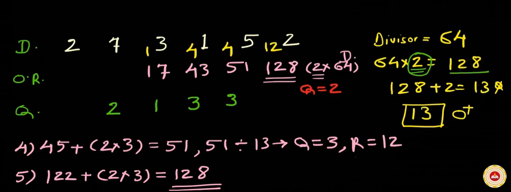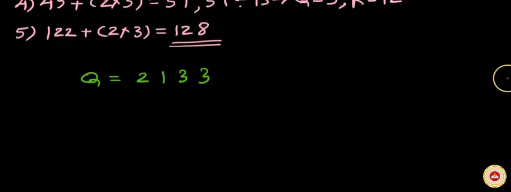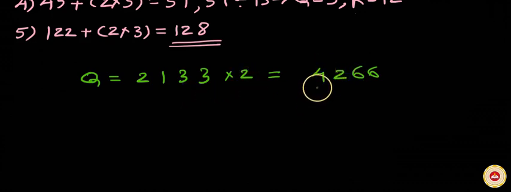So let us multiply this quotient by this multiple 2, which gives us 2 3s are 6, 2 3s are 6, 2 1s are 2 and 2 2s are 4. Correct? 4266.